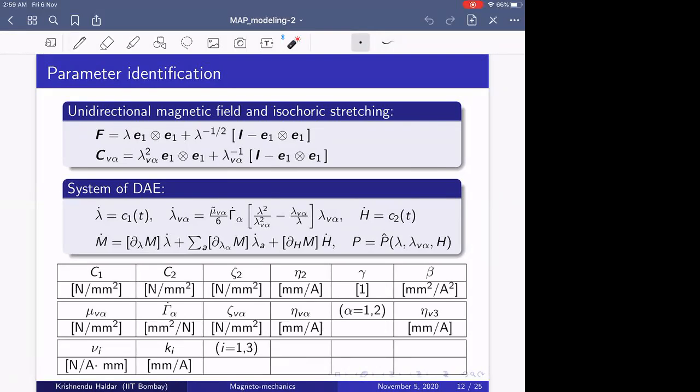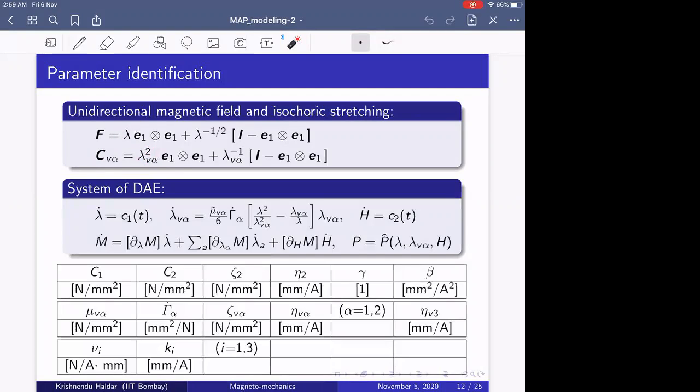And we are considering this an isochoric stretching, so that bar part is gone because J equals 1. And we are expressing our viscous element in terms of lambda v alpha, which is the unknown. You do not know that, but you know lambda from the stretching.